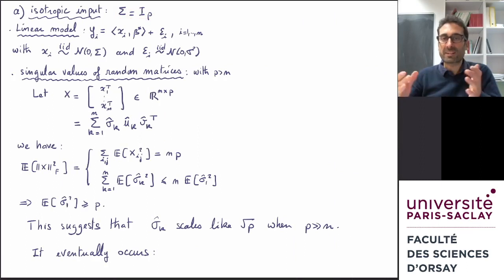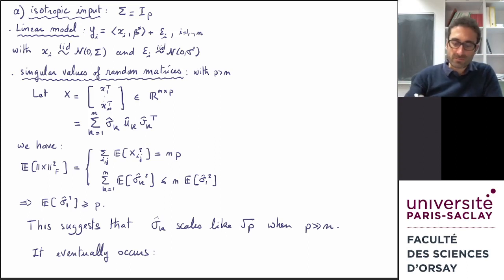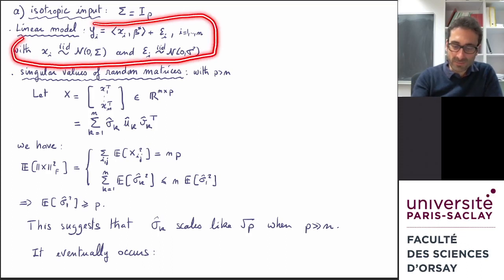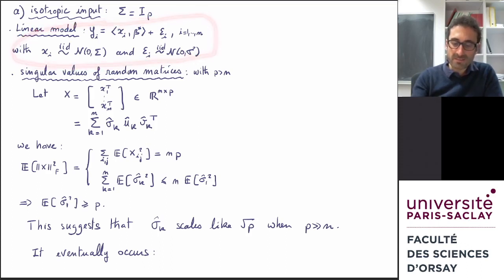So all my data is generated by a Gaussian distribution, which has identity as a covariance. Okay, so I just write it plainly here. So I have my linear model, and here the noise is Gaussian, but also the covariates are Gaussian.